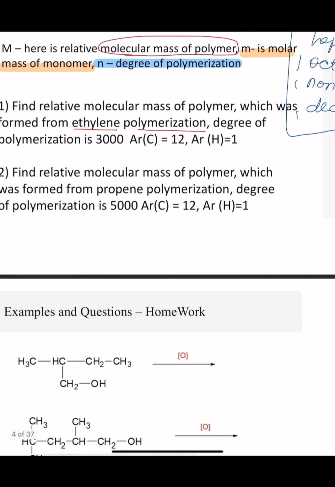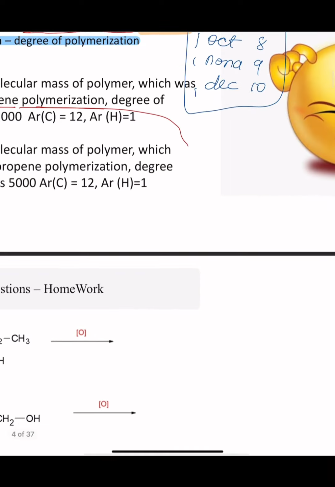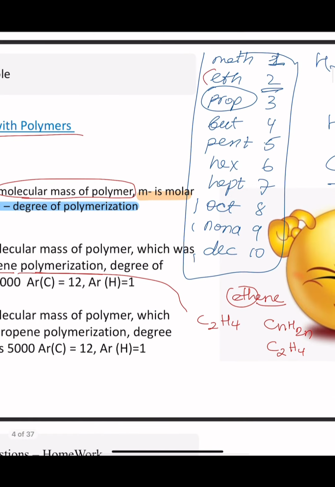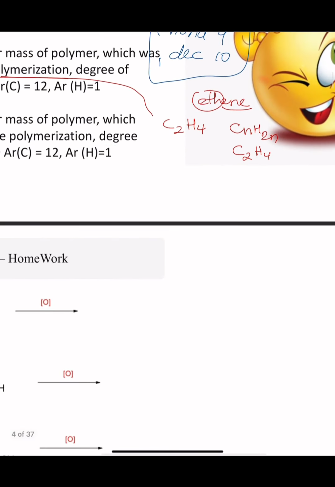So ethylene, again, the formula of ethylene is C2H4. The other name of ethylene is ethene. And because it is an alkene, we know that the formula is CnH2n, and two carbons will make it C2H4. As you see, it is 2, right? So I put 2 in here, and then I multiply 2 by 2.